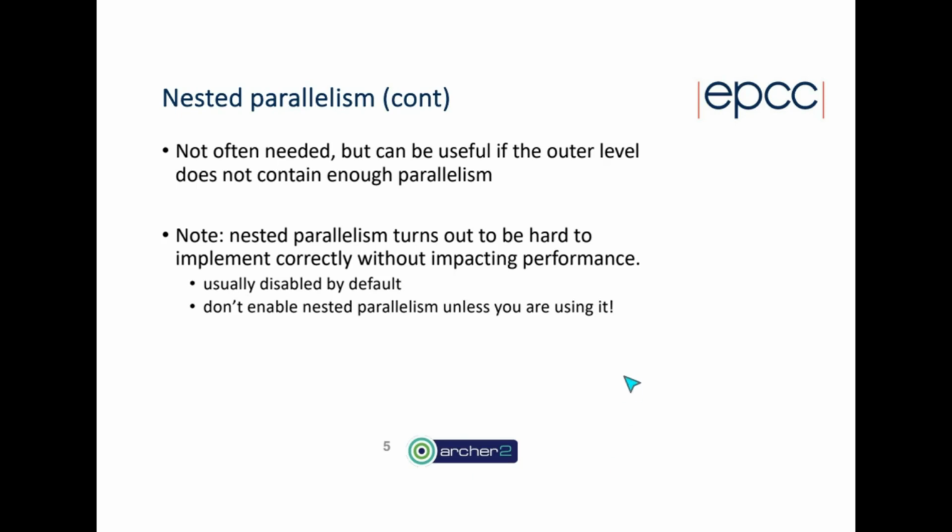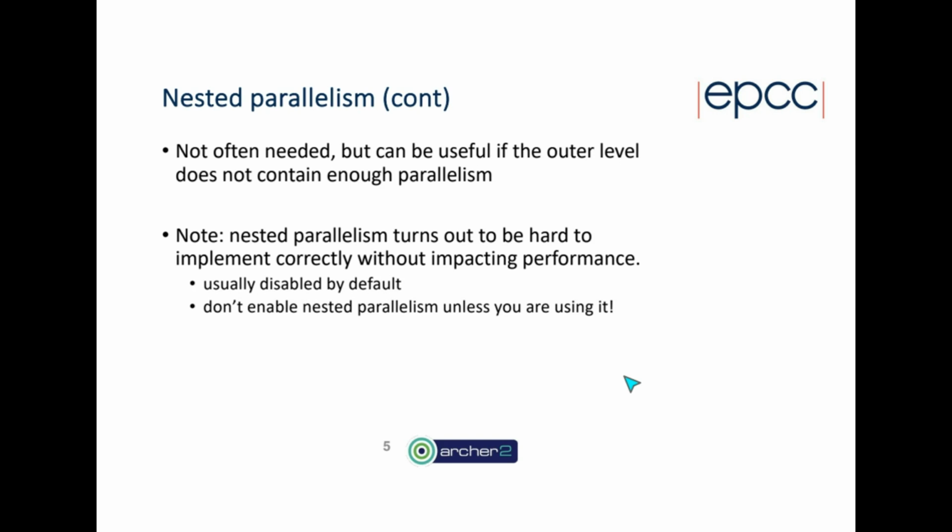Okay. So it turns out this is an interesting feature, but it's not actually used that much in practice, I don't think. It can be useful if you have an algorithm which has multiple levels of parallelism, but the outer level doesn't have enough parallelism to keep all our threads busy.